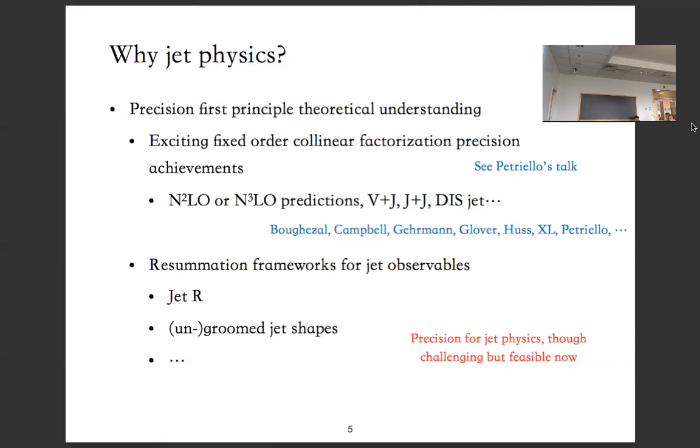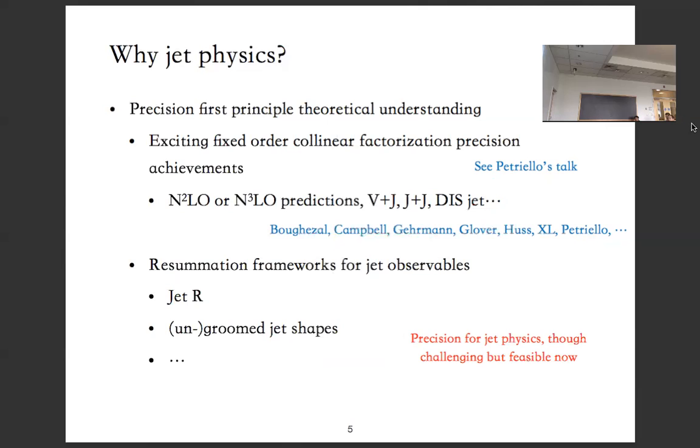We can have next-to-leading order or even next-to-next-to-leading order predictions. So the precision is actually as good as the Drell-Yan or the e plus e minus annihilation, and it's actually better than semi-inclusive DIS, just from the precision calculation point of view.